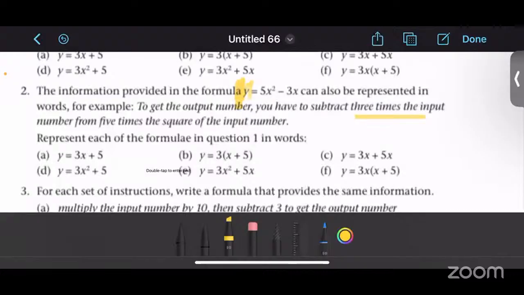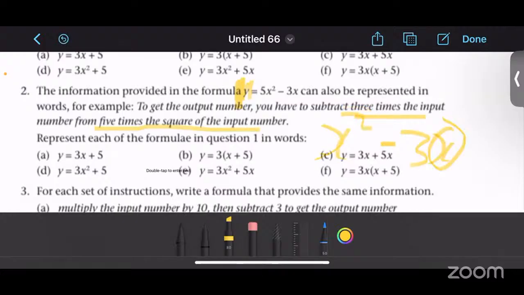You have to subtract 3 times x, which is the input, from the 5 times the square of the input. The square of the input is x to the power of 2.